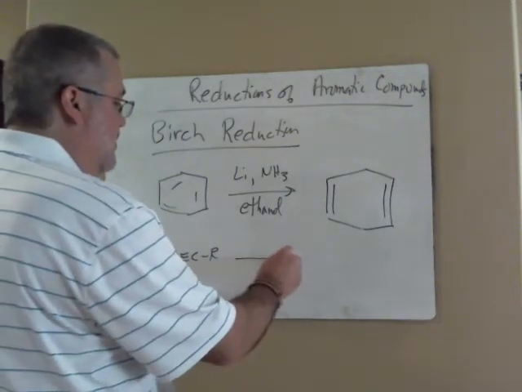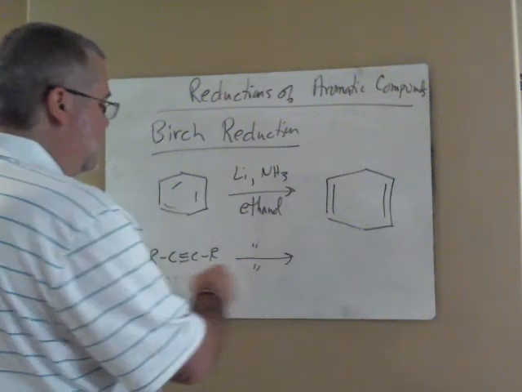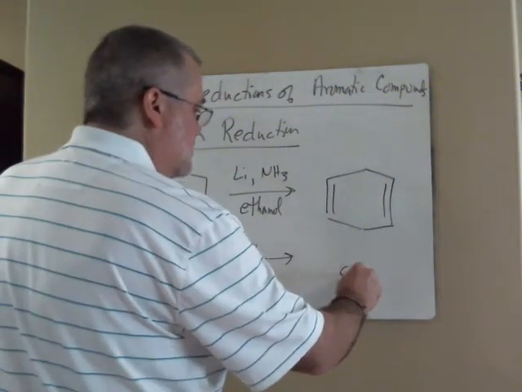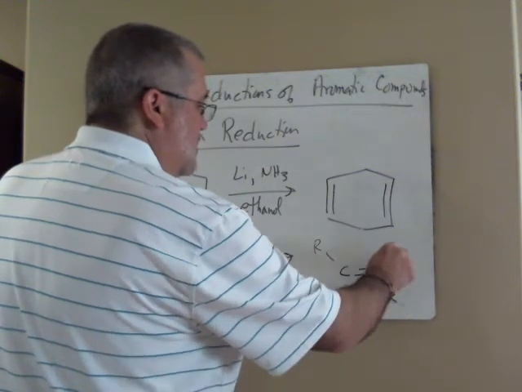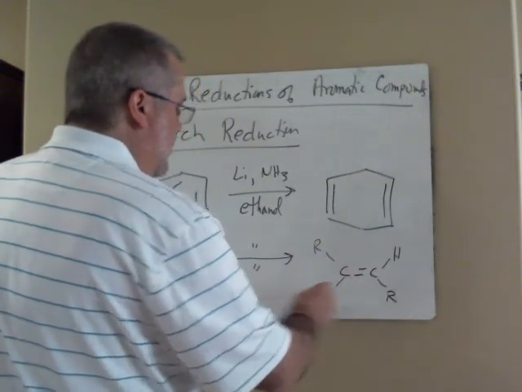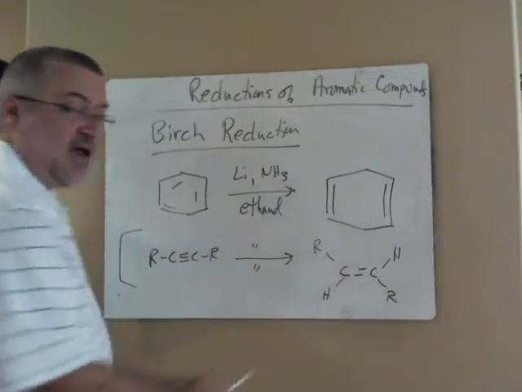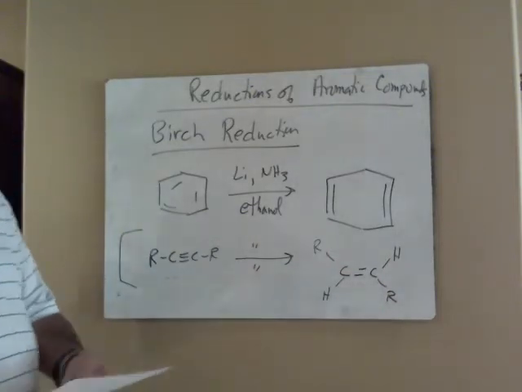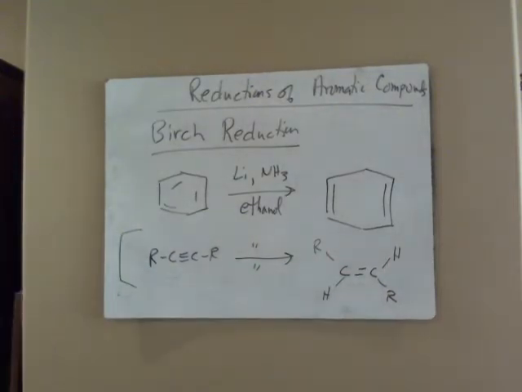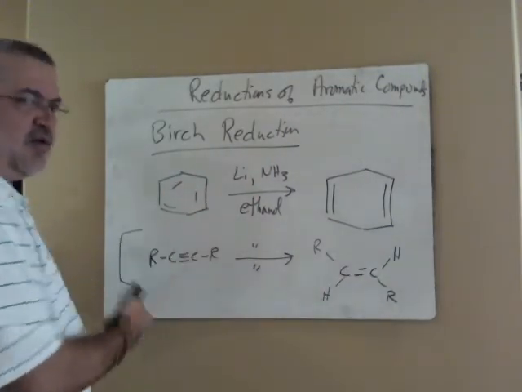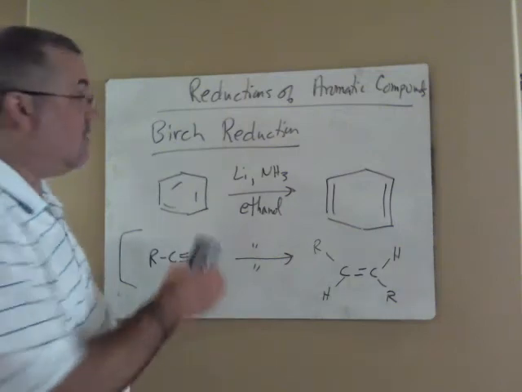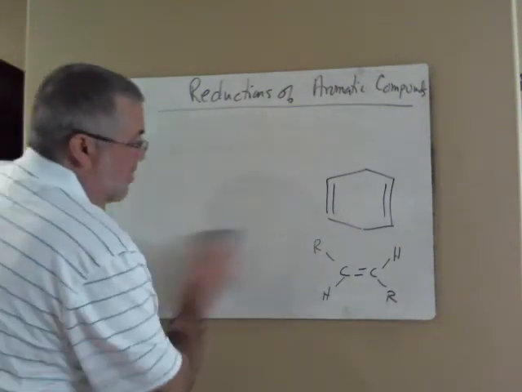Remember, we used these same conditions last semester to reduce an alkyne to give the trans alkene. Okay? So mechanistically, if you were asked, it is exactly the same as this mechanism. I know you remember that, so there's no reason to go back over that.